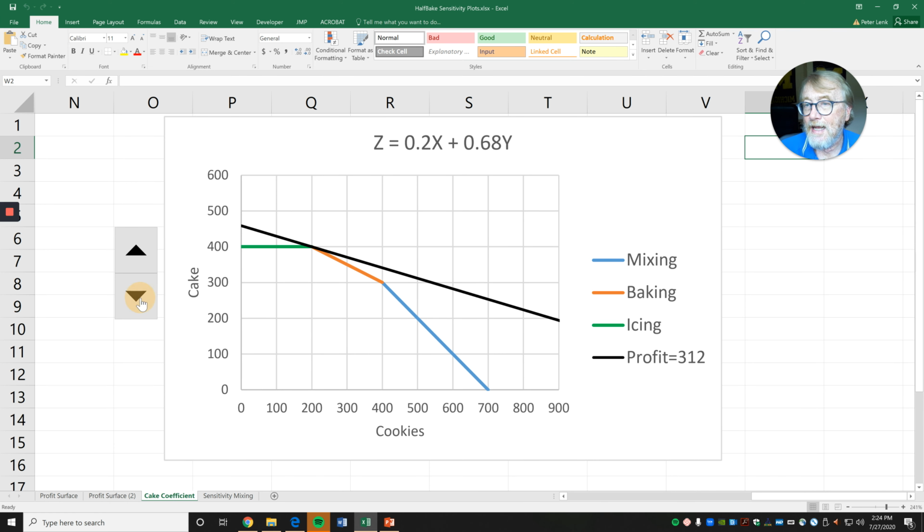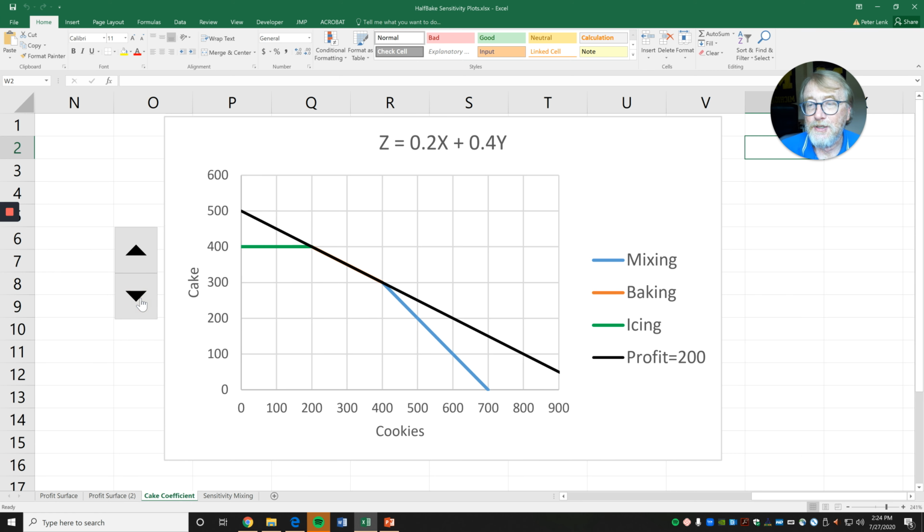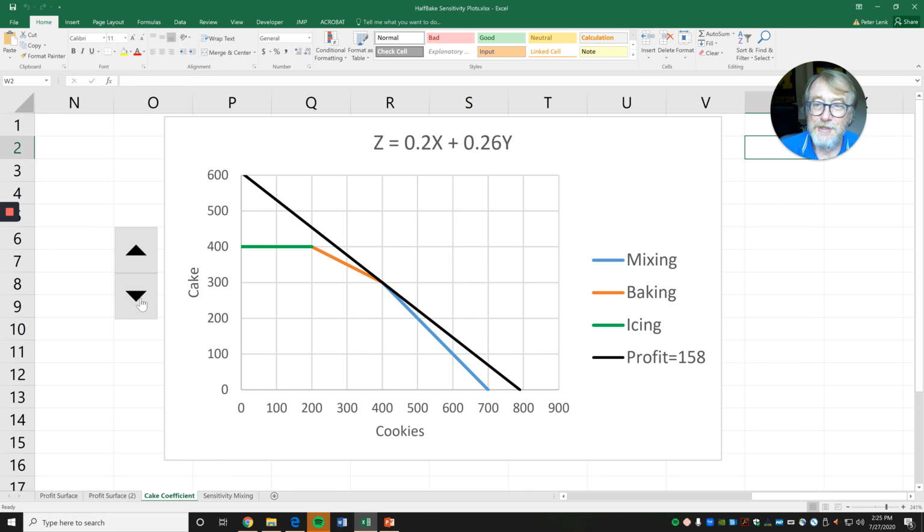Now, if I bring it back down, we can see what happens if that coefficient for cake gets smaller and smaller. Okay, we go back to the original solution of 400 and 300. It keeps tilting. And yeah, if the contribution for cake gets small enough, right? I'm saying, hey, cake is not so good for us. Profits are going down, but I have the same solution at 200, 400.